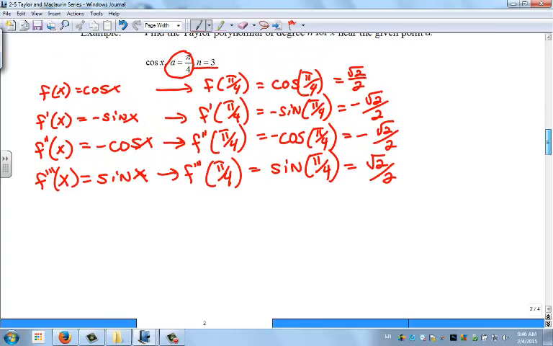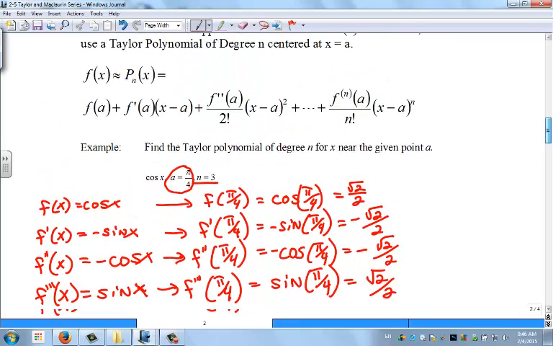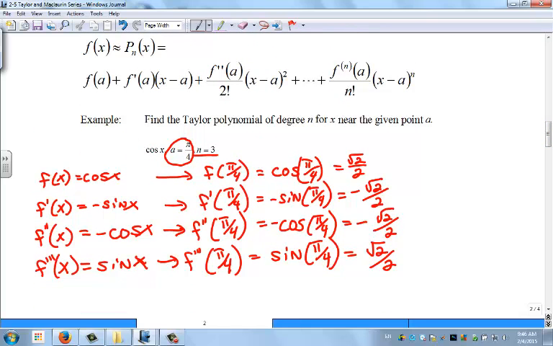So now what we're going to do is go ahead and use that Taylor series formula. The only difference with the Taylor series about x equals a number is that now we're going to have x minus whatever a is. Here a is pi over 4, so we're going to follow all of our primes and factorials with powers of x minus a to match.